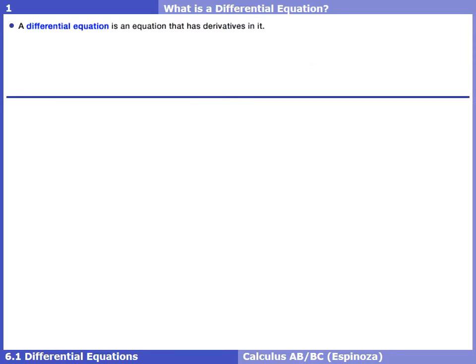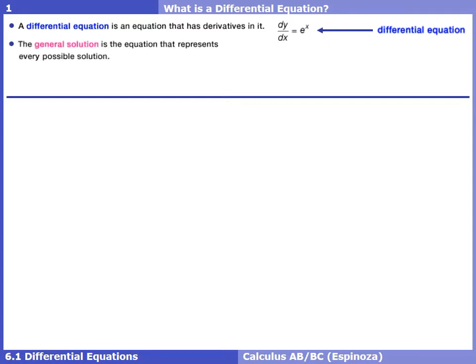Okay, so just like I said a moment ago, a differential equation is just an equation that has a derivative in it. So here we have dy/dx, the derivative of y with respect to x, is equal to e to the x. And that, of course, is a differential equation because it has a derivative in it. We know that a general solution represents every possible solution.